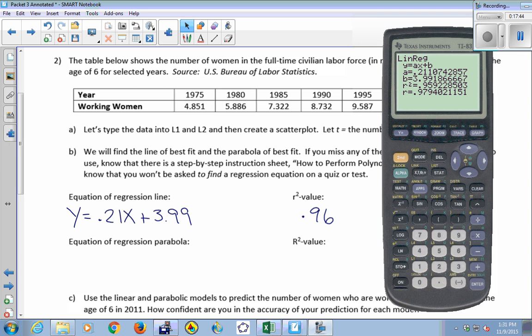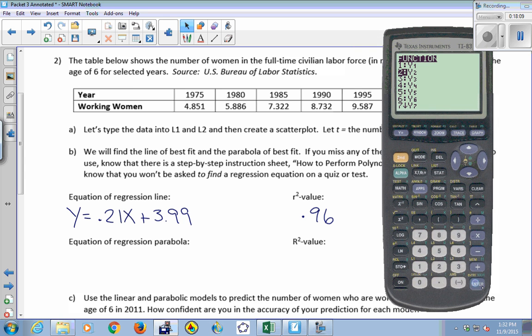Okay, so now to get the quadratic regression, which is a parabola of best fit, I'm going to go back into stat, go over to calculate, and this time choose QuadReg, right? Quadratic functions look like parabolas, so I choose QuadReg, and again, I have to type list 1, comma, list 2, comma, Y1.